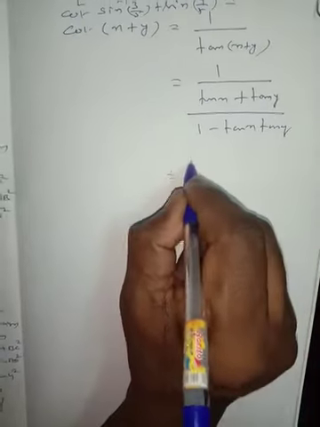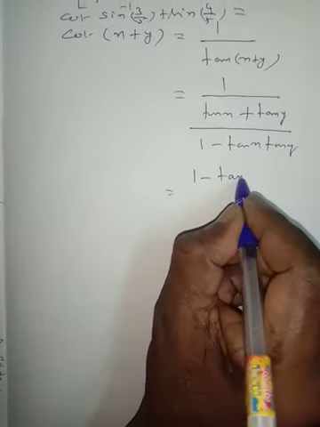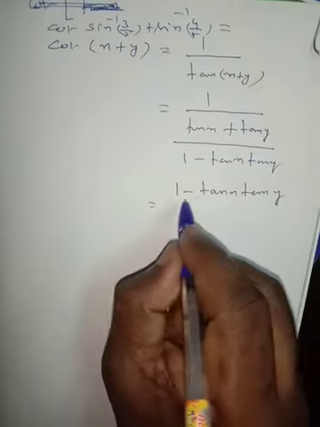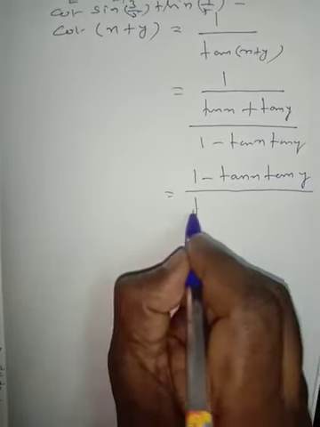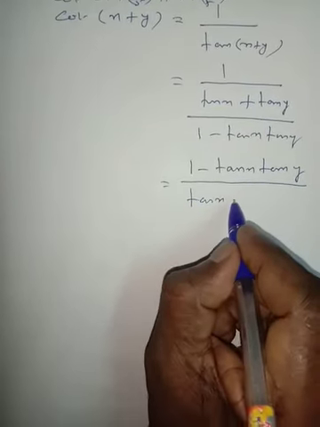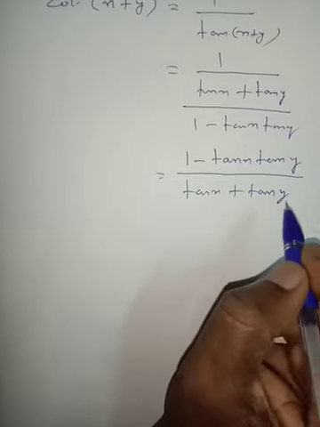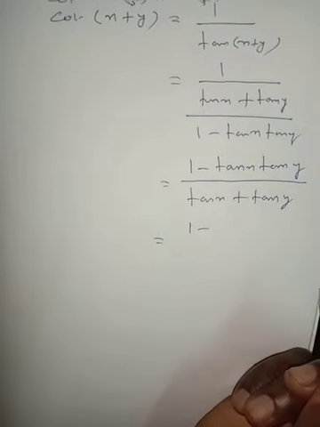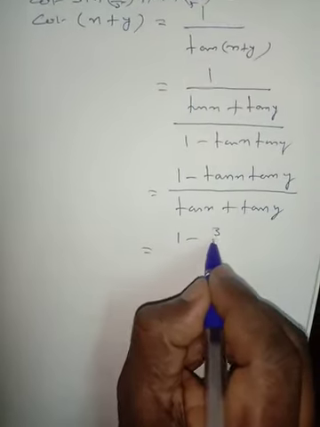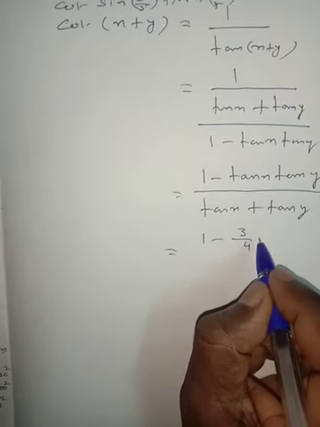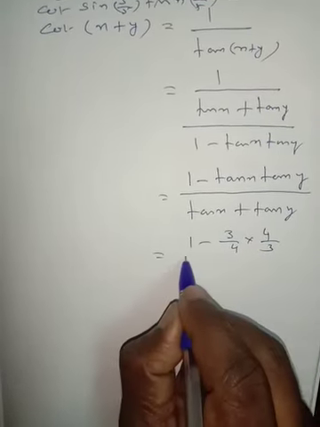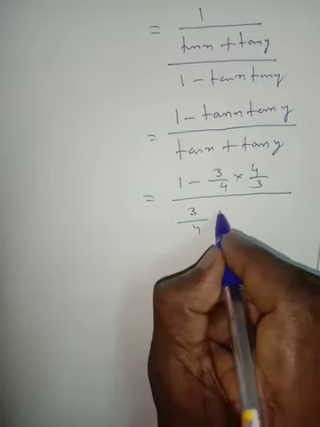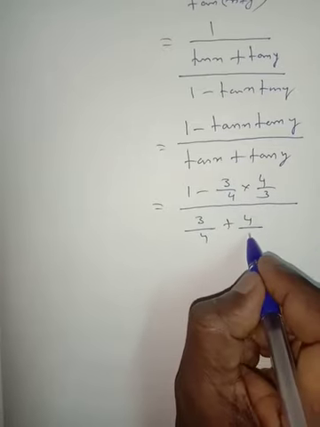Reciprocal gives 1 minus tan x tan y divided by tan x plus tan y. Now 1 minus tan x is 3 by 4, tan y is 4 by 3, divided by tan x is 3 by 4 plus 4 divided by 3.